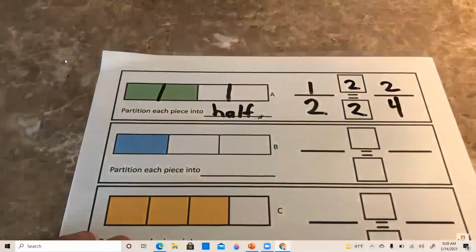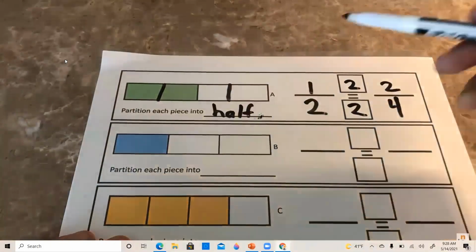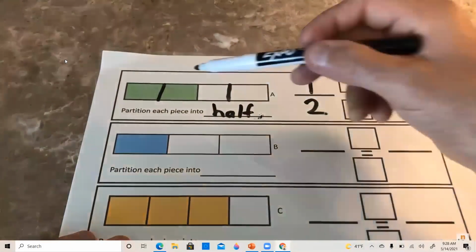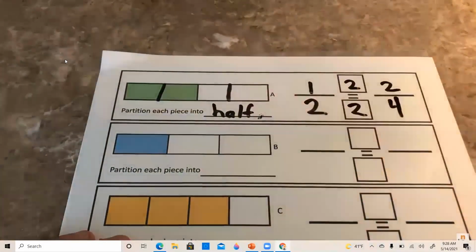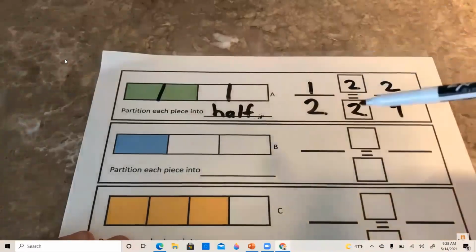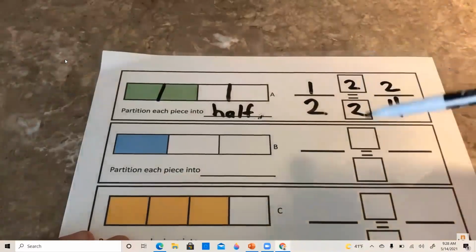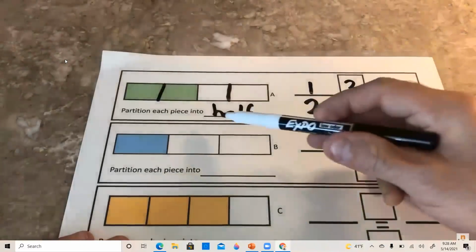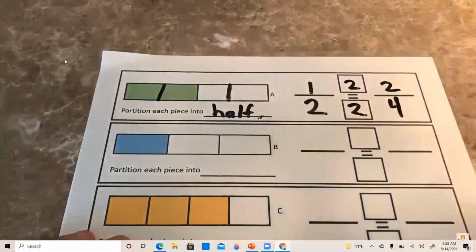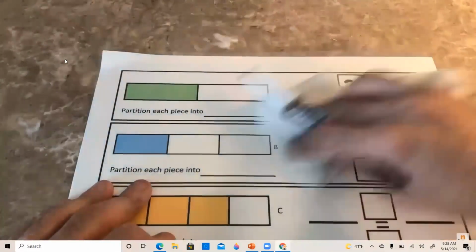Now remember, 2 halves is the same as one whole, right? So yes, we are getting more pieces, we're changing the number of pieces, but the amount that's shaded in green is staying the same. So even though we're multiplying by one whole, we are still keeping the same amount that we had. So if we cut each piece in half, we have to multiply by halves in the form of a whole. Let's go ahead and try a different one now, okay?